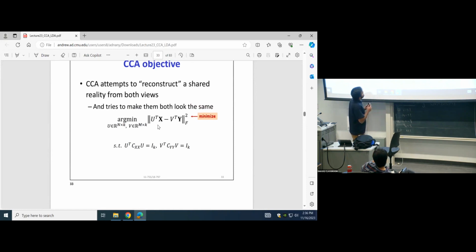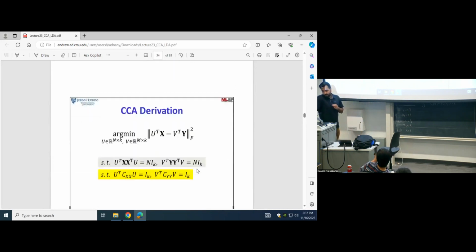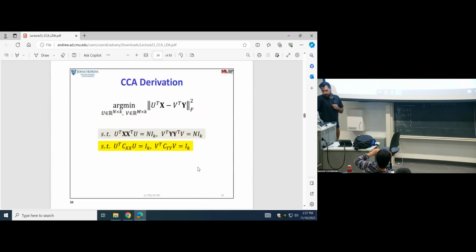And this is what CCA is trying to do: minimize this given these two constraints. And yeah, this is C_XX, right? X X^T, Y^T.